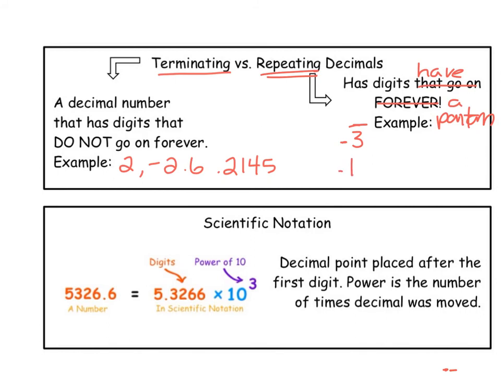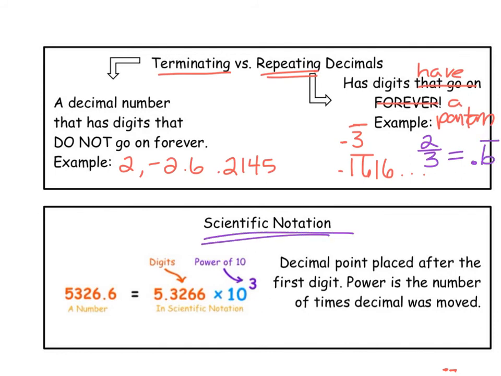If we had 0.1616, that is a repeater because I can see a pattern. If it's not a terminator or a repeater, we call that a non-terminating, non-repeating decimal, and that's irrational. Now, sometimes our calculator will round for us, like if we had the fraction 2/3, our calculator will round that to 0.67, but really it's just 0.6 repeating.